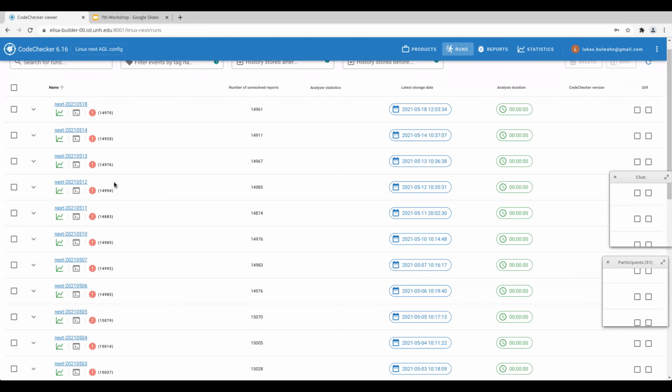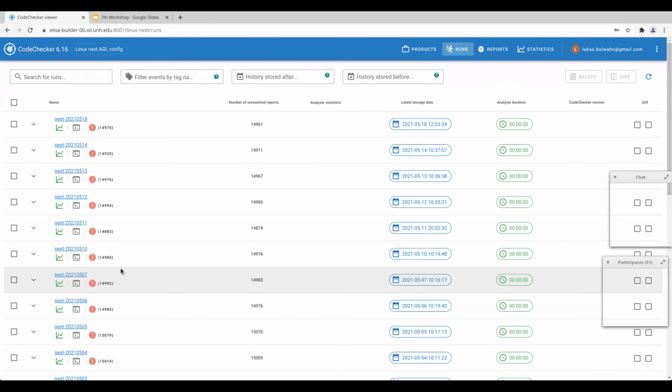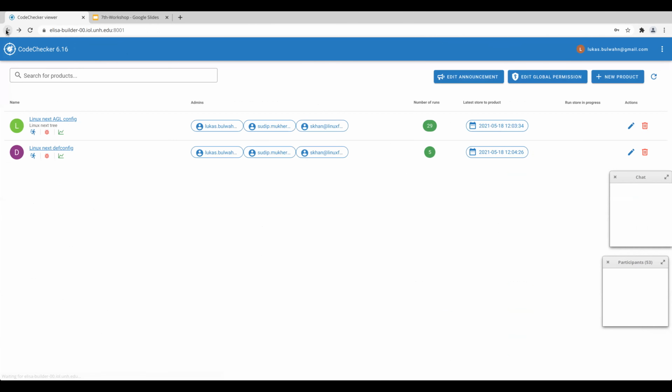Okay, so we're running a different set of tools on this config, and you can see every day we're recording the current state on Linux Next, and we have roughly 15,000 findings of those tools that are reported that deserve a deeper look at what's going on there in the code. So that's quite a lot, but AGL also has a very large config itself.